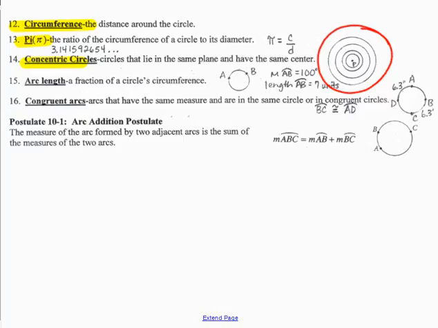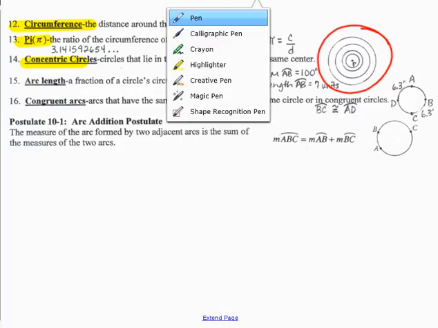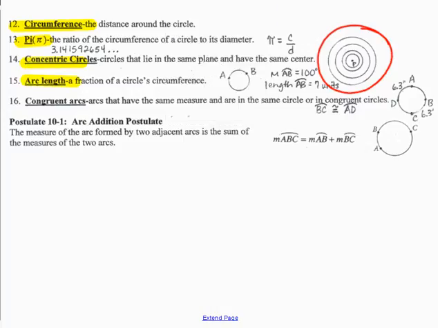Concentric just means that they all have the same center. Arc length is this distance. It's a distance. It's like centimeters, units. And congruent arcs, of course, are arcs that are the same.